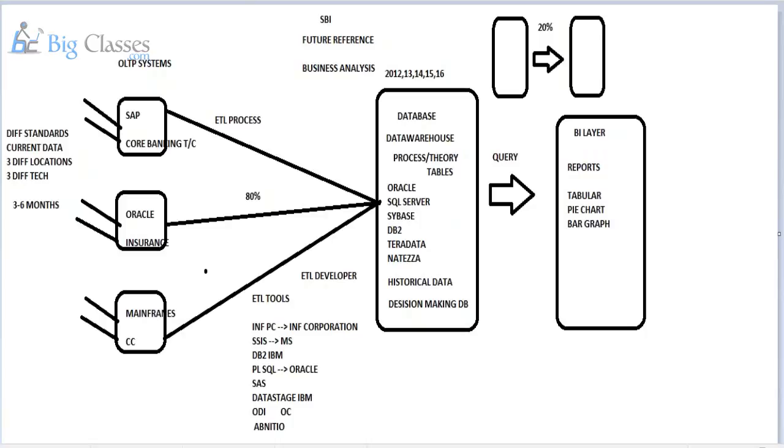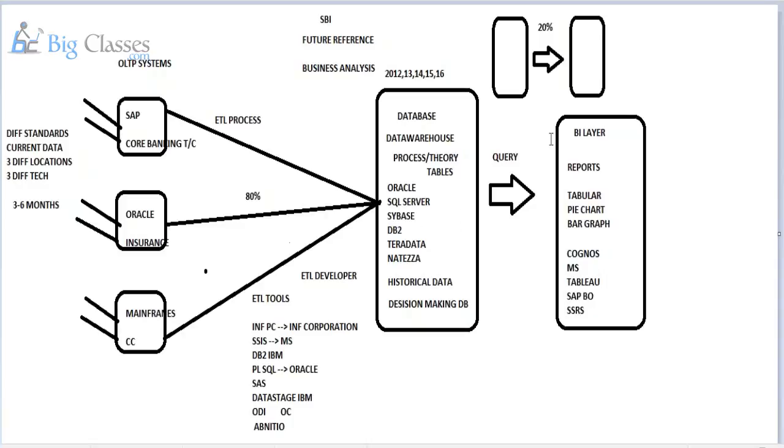In order to create these business reports, we have tools like Cognos, MicroStrategy, Tableau, and SAP Business Objects. These are the different tools used to create reports from the data warehouse.